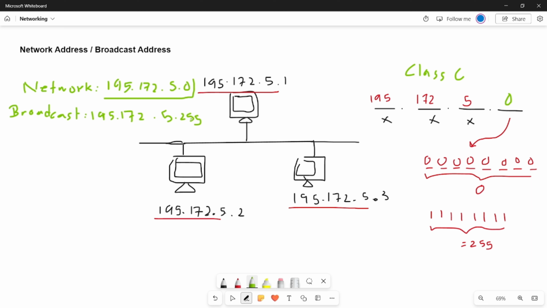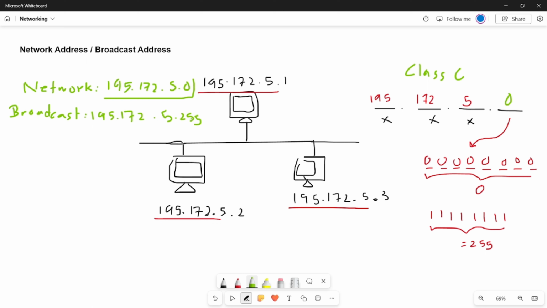Okay, now we discussed what the network address and broadcast address of a network are, but we didn't discuss why we need them. The purpose of the network address is to uniquely identify the network in our system. In an organization there are a lot of networks, and there can be different networks for different departments. All the departments are connected to one point or one router to access the internet or other services.